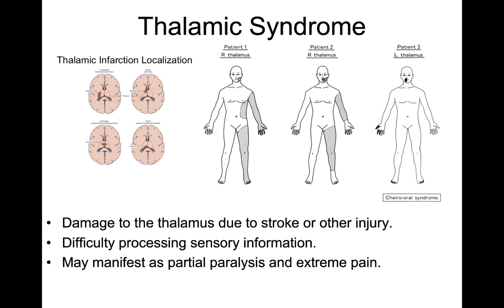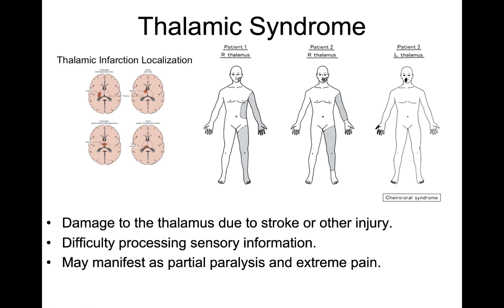So in this case, you have damage to the thalamus. Once you have dead brain tissue, in this case in the thalamus, you cannot process sensory information anymore. And on this picture, in patient 1, you can see that the right side of the thalamus was damaged. So this patient can have pain or paralysis in certain parts of their body.